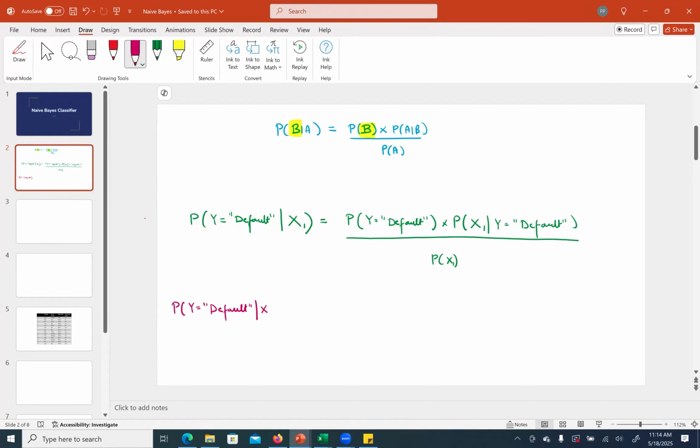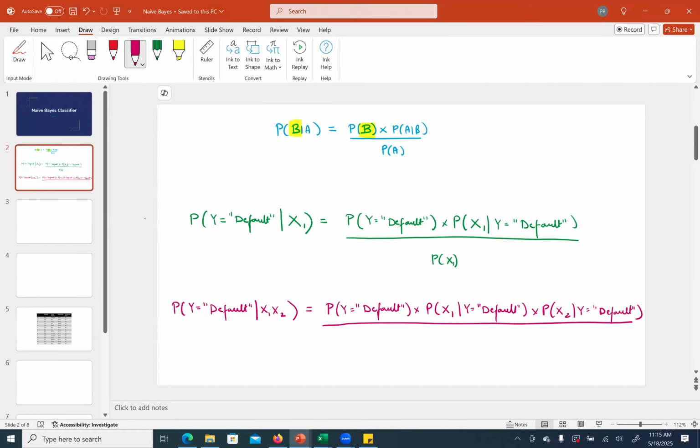Given I have values x1 and x2, this will become probability of y equal to default, multiplied by probability of x1 given that y is default, multiplied by probability of x2 given that y will default, divided by probability of x1 multiplied by probability of x2. Okay, clear?